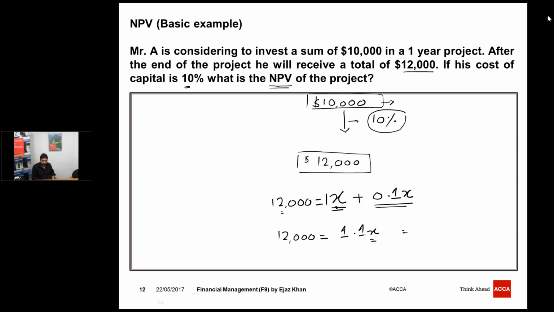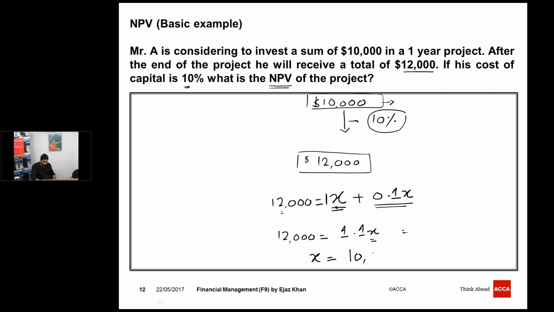Let's calculate the value of X. Can anybody calculate the value of X for me? Anyone?